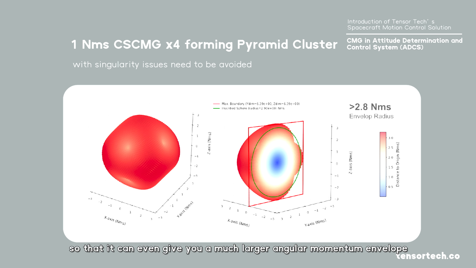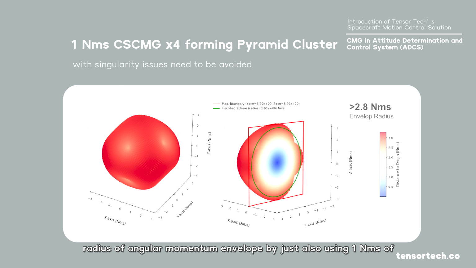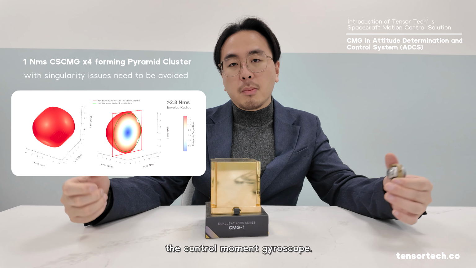That can give you a much larger angular momentum envelope. For example, here it can go up to 2.8 Newton meter second in radius, by also using just 1 Newton meter second control moment gyroscopes.